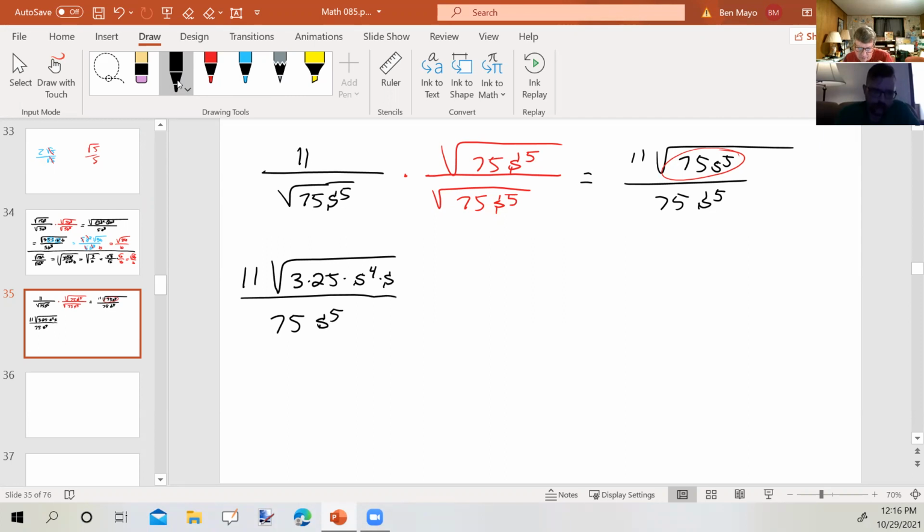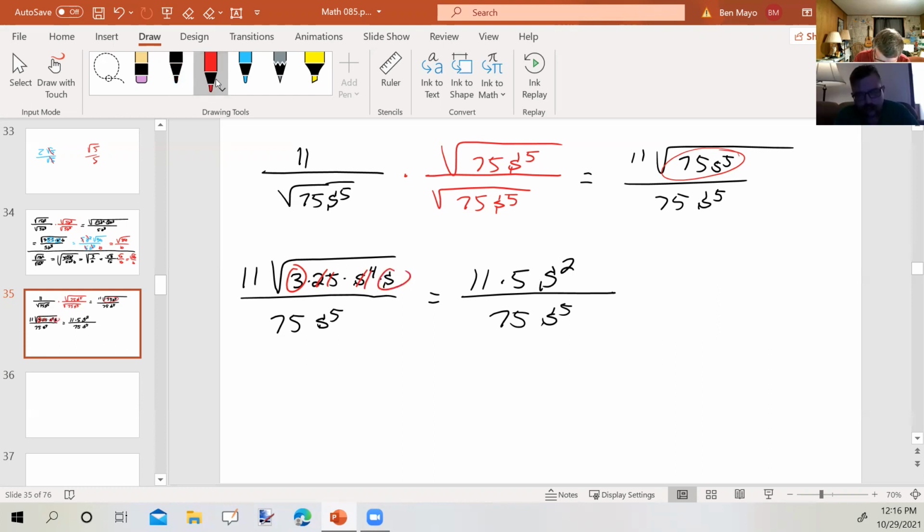Okay, again, trying to match the index with exponents or multiples of the index. So that's going to stay inside. That's going to bring a 5 out. That's going to bring an s squared out. And that's going to be still inside.